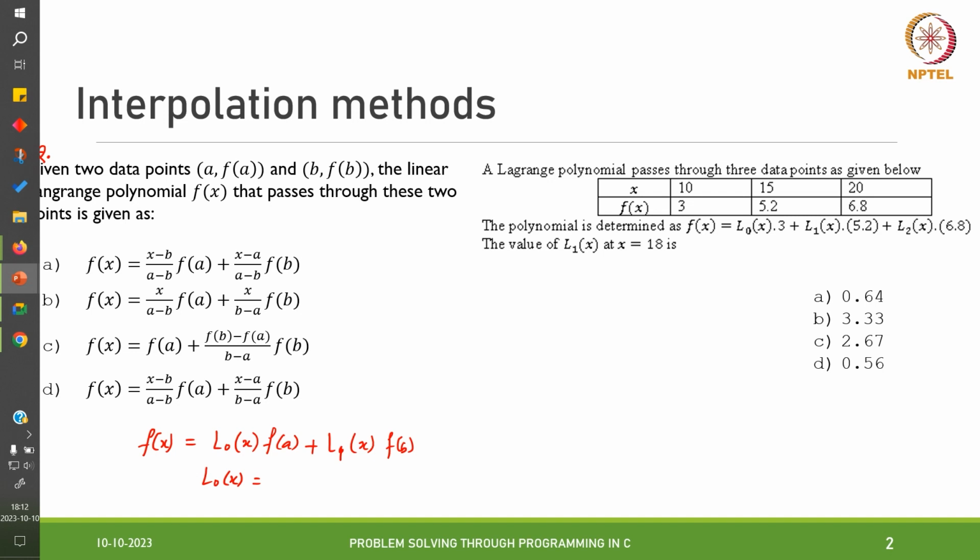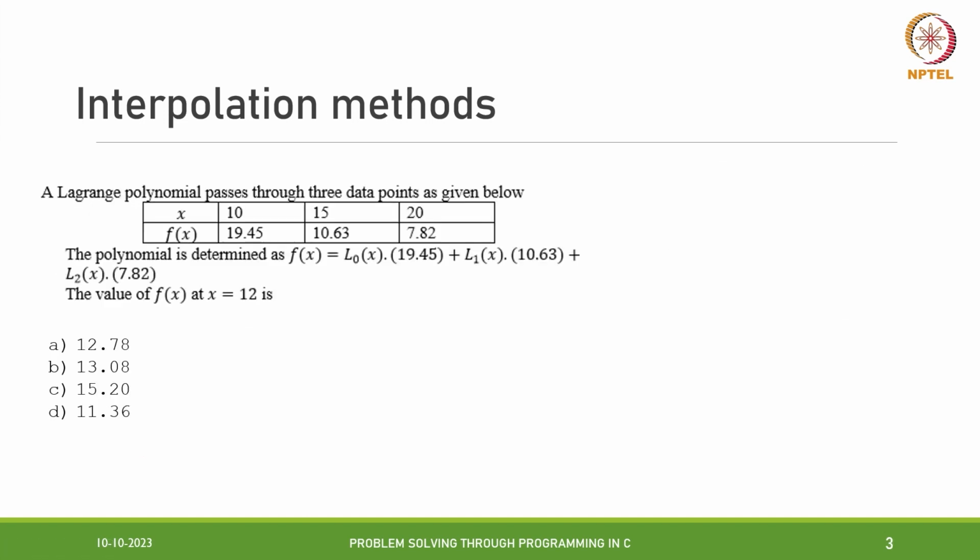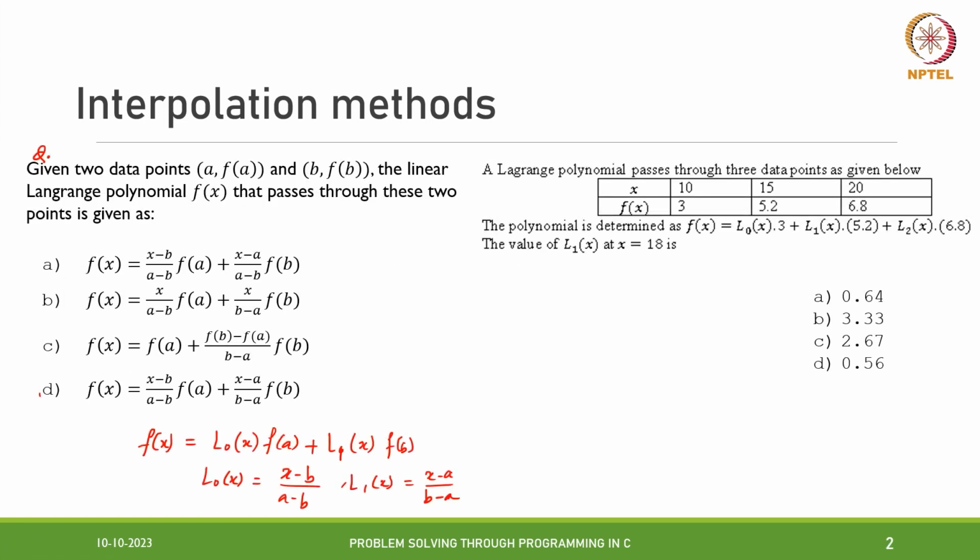L0 is x minus b by a minus b, and for L1 of x it would be x minus a by b minus a. If we put L0 and L1 in this equation, we get x minus b by a minus b into f of a plus x minus a by b minus a into f of b. So it's option D.